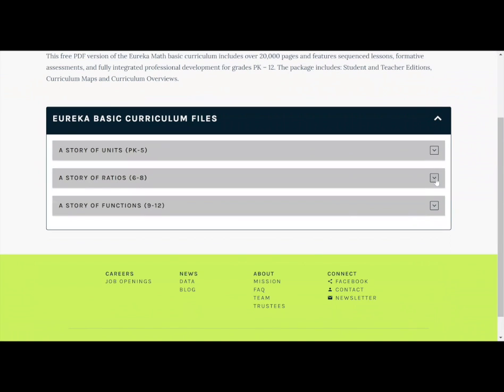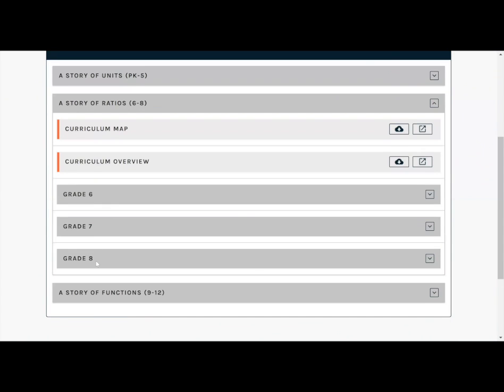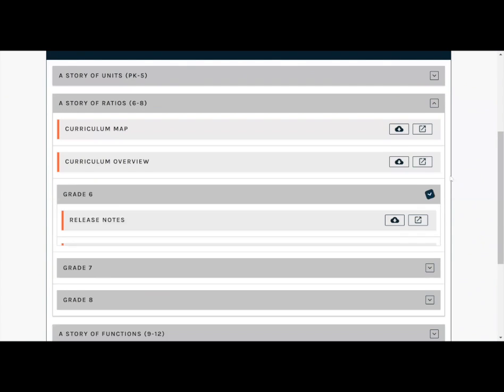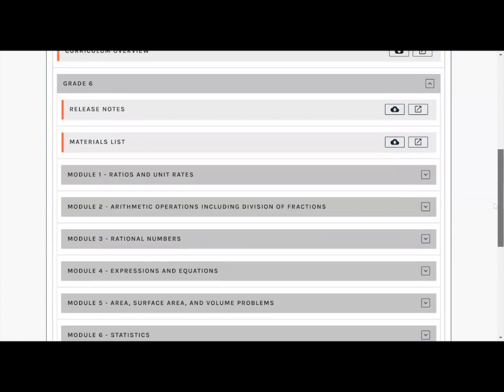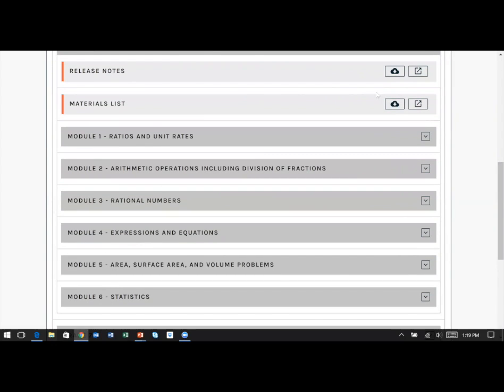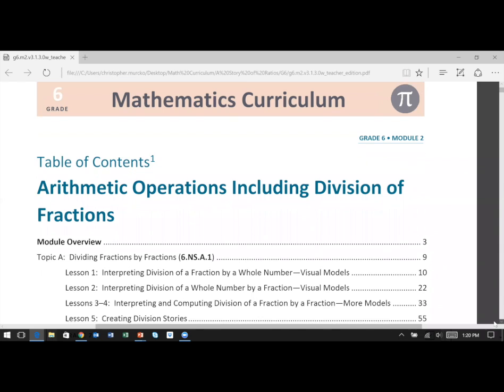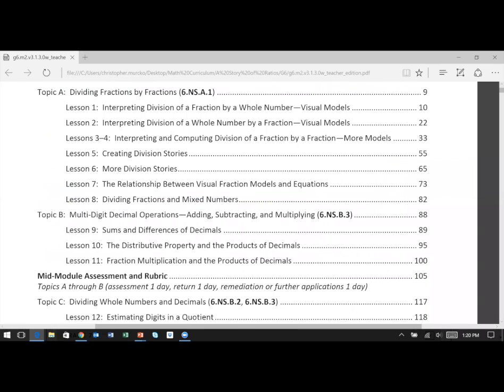Each story contains grade levels. Each grade level contains modules. Each module contains topics, and each topic contains lessons.